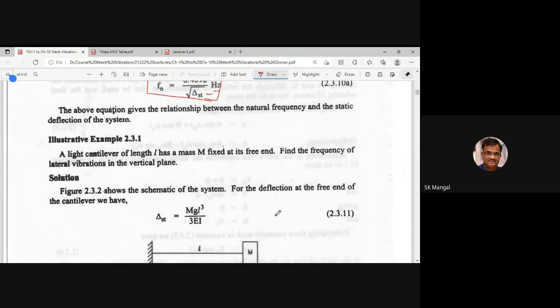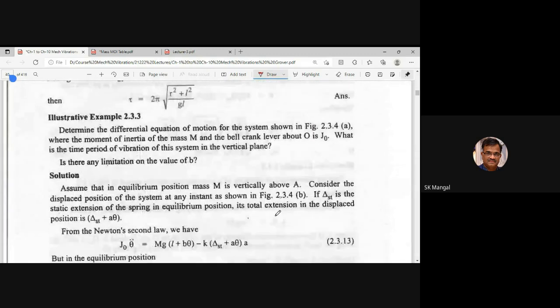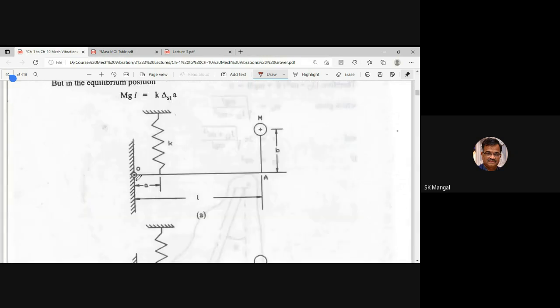So I can have one more problem here. So now this is the next problem. You are having this diagram here. In this, you are having one L-shaped crank.